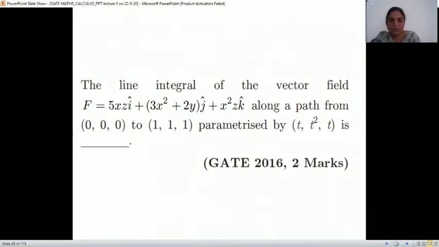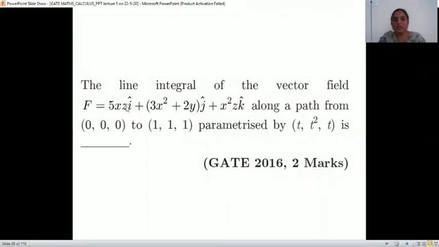Can you solve this? Line integral. So we have to find the integration of f bar dot dr bar along the path. The path is given to you, right? From x, y, z, 0, 0, 0 to 1, 1, 1. So t will vary from. Can you tell me?